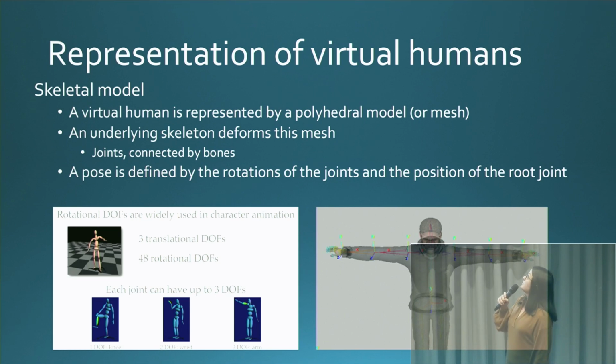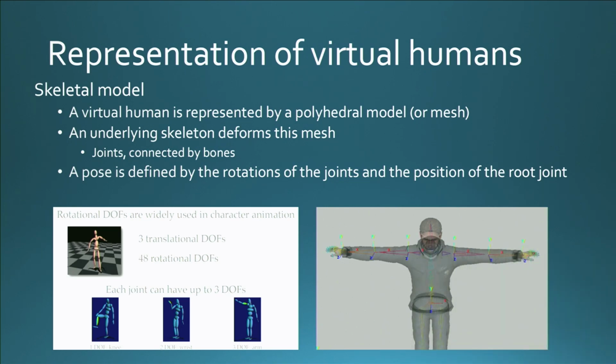So how can we represent virtual humans? Virtual humans are represented with a skeletal model. In the image here, you can see a polygonal mesh, and inside the mesh there's a skeleton with a lot of joints, structured in a tree hierarchy starting from the root node.